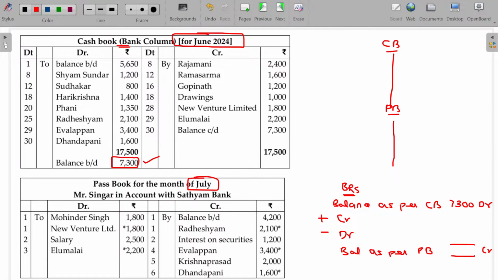Then this is the balance as per 30th June 24. On the date, the balance being 4,200. So this is the balance as per cash book, and 4,200 is the balance as per passbook. Clear? Balance as per passbook.